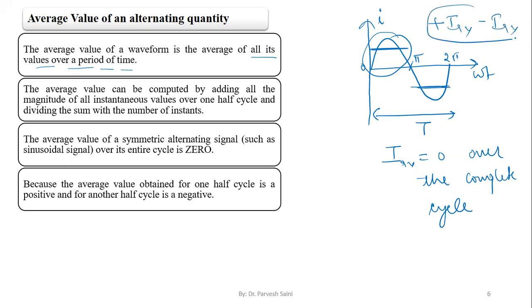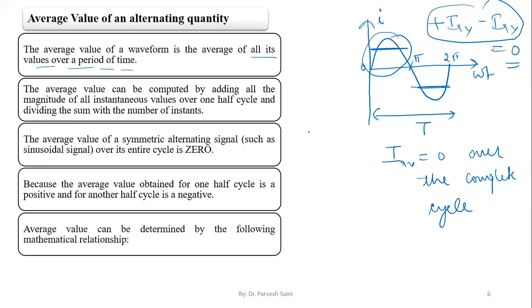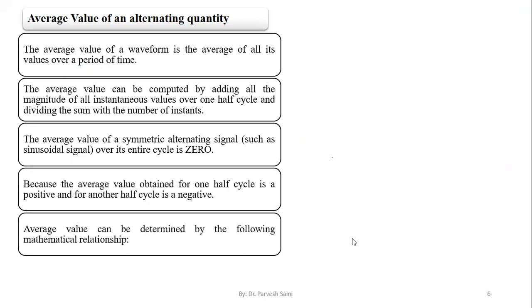So if you add them algebraically, you will have zero. So what to do then? We take the average value of a symmetrical alternating signal for one half cycle only, not for the complete cycle, right?